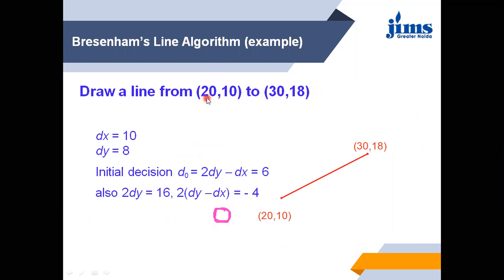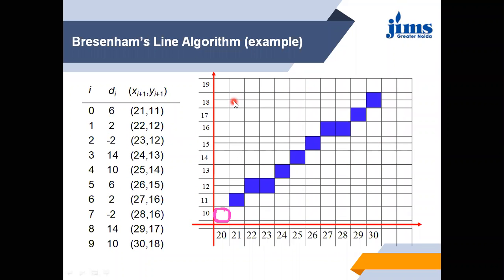That means x1 is 20 and y1 is 10, till 30 and 18. So we draw this pixel. Now we have to find the next pixel: which pixel do we have to draw?